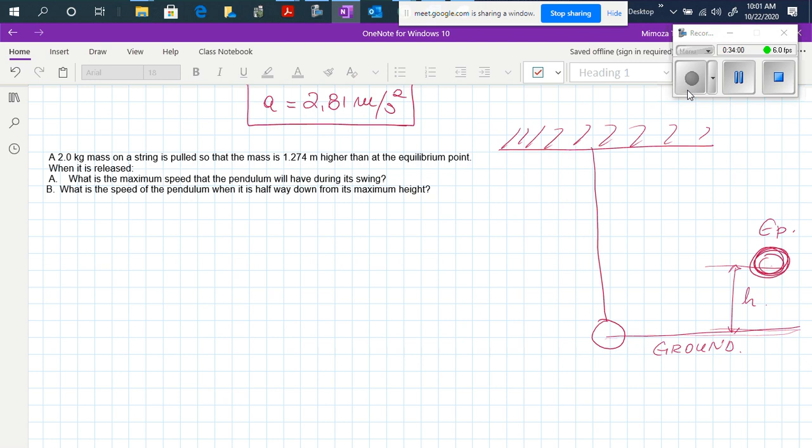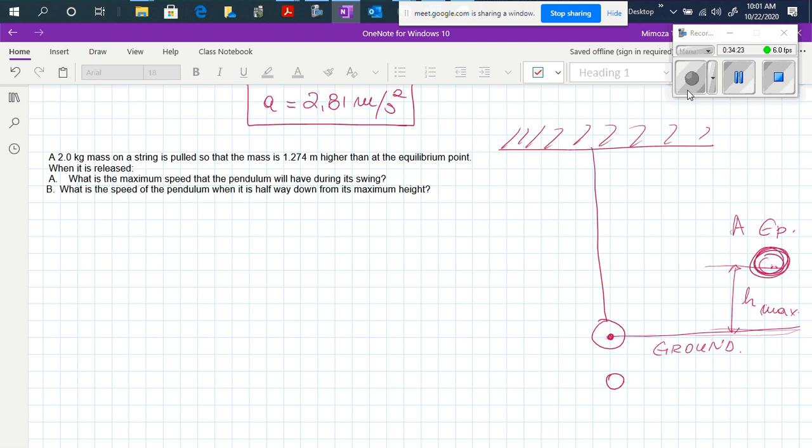As the object is moving from point A, which is the highest point, the max, to equilibrium, point 0, what is happening with this gravitational potential energy based on the conservation law of energy that we discussed yesterday?